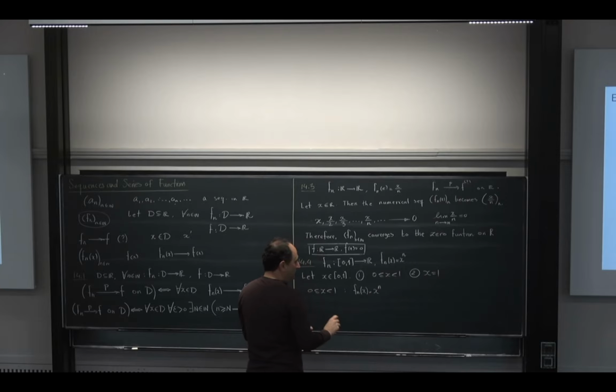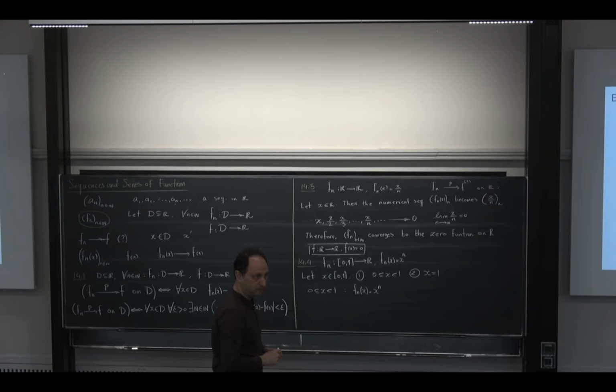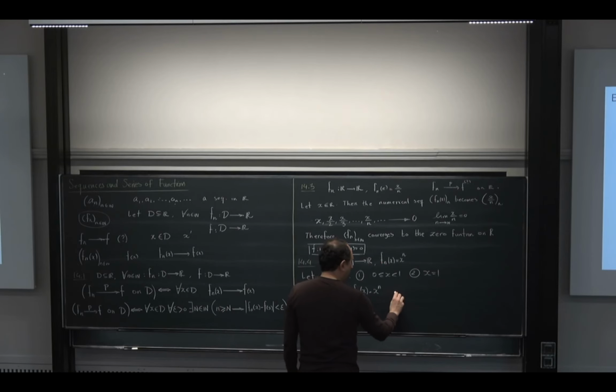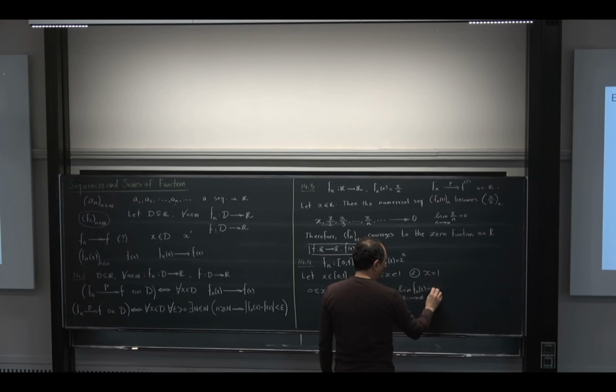Don't fall into this trap. I am repeating the same thing, but this is different from there. Here x is a variable, here x is fixed between 0 and 1. Then I will take the limit of f sub n of x when n goes to infinity, because x is fixed now.